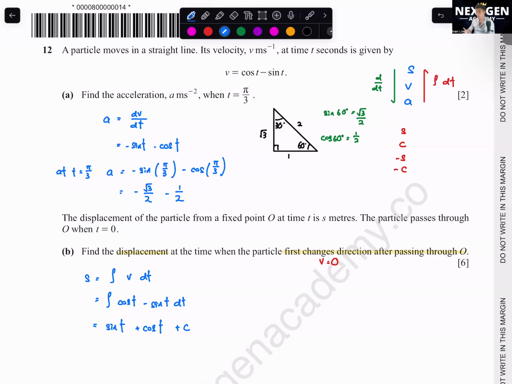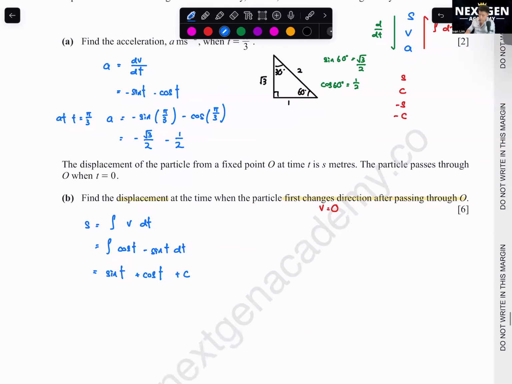Okay, c is not always equal to 0. When we do kinematics, to find the c value when we integrate from velocity to displacement, we always use t equals 0, s equals 0 if no other information is given to you. So here, t equals 0, s equals 0. This is to find c.